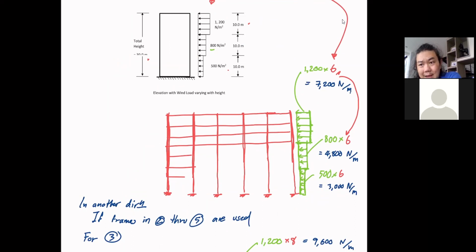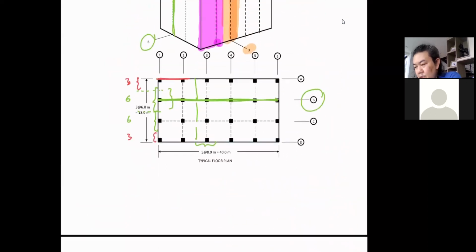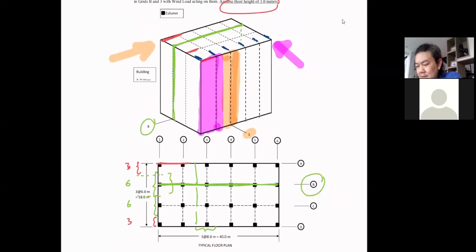But to answer that question more thoroughly, let's say you don't need to do it for every frame. Supposedly, if I decide to use frame number 1, 2, 3, 4, 5, and 6 to withstand the wind load from the side, I know now that the tributary width for frame number 2, 3, 4, and 5 would be 8 meters, just like this brown color, right?